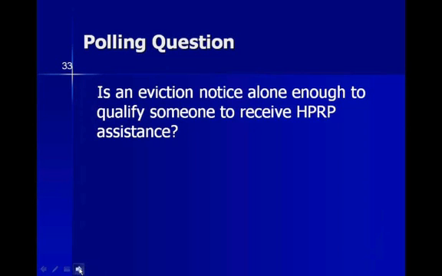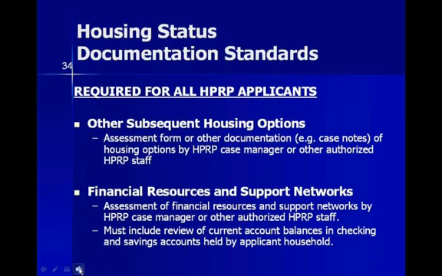Moving on, I want to talk just briefly about the housing status documentation standards, and as related to other subsequent housing options and financial resources and support networks. As Karen mentioned, there is no set type of documentation for this.